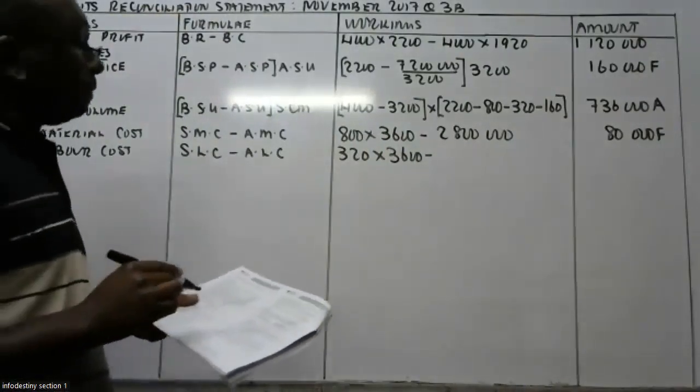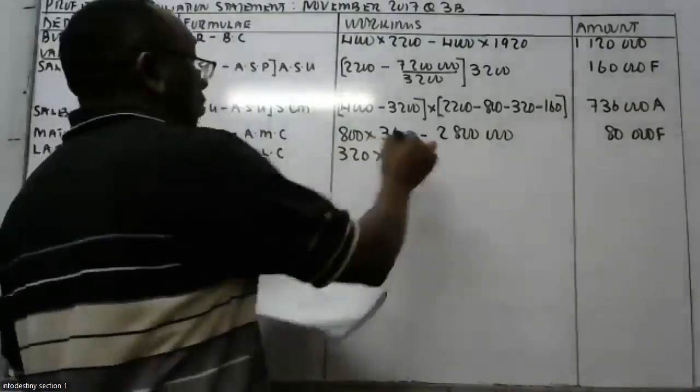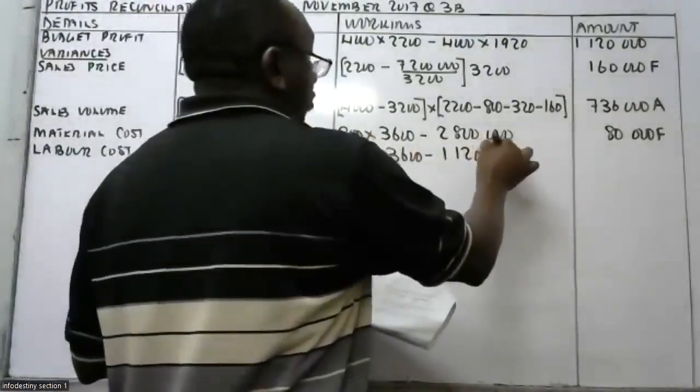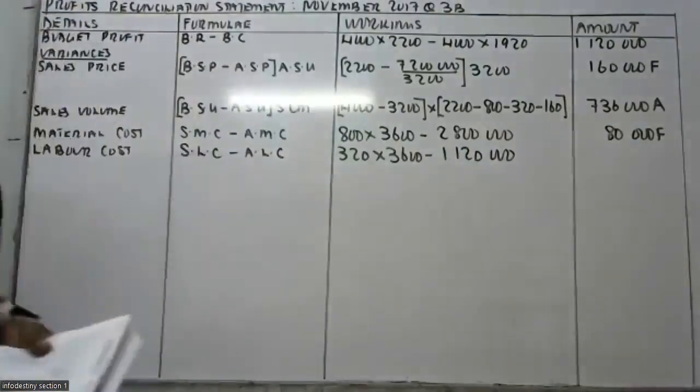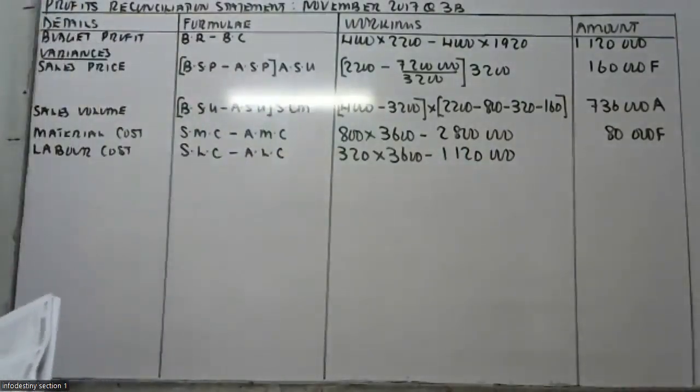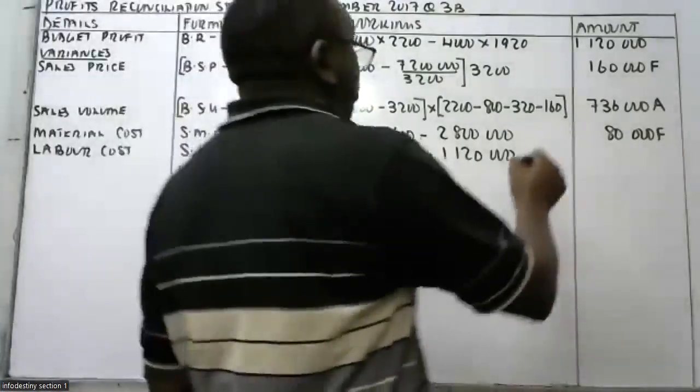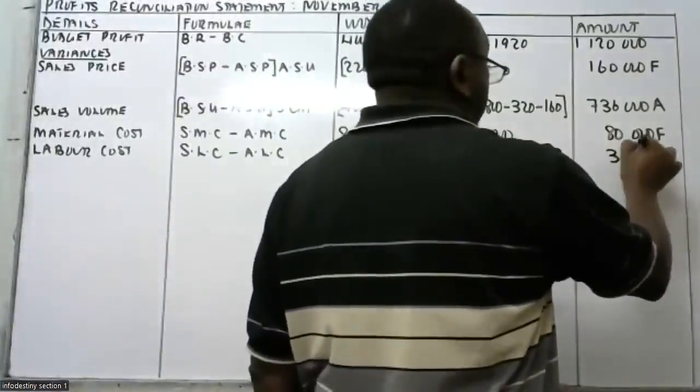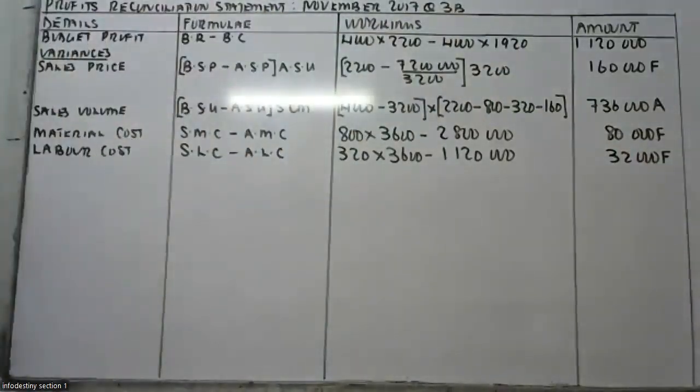The actual labor, which is 1,120. So this gives you 320 times 3,600 minus 1,120,000. So again, that is 32,000, which is favorable.